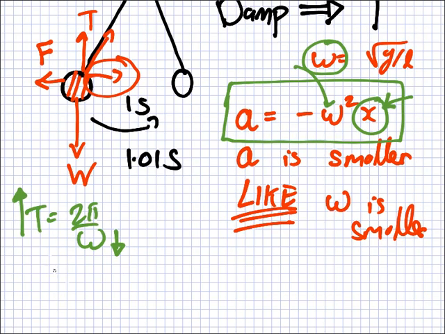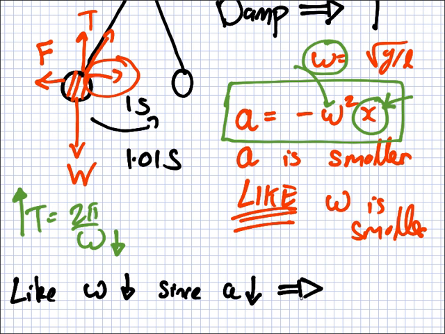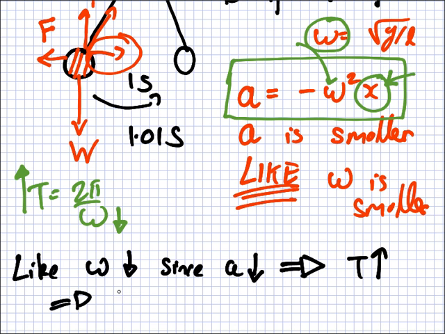So I think the answer is omega decreases since the A decreases. That implies the T increases, which means that the clock runs slow, which kind of makes sense. Grandfather clocks don't run fast, they run slow when there's a problem. In fact, most clocks run slow when there's a problem.